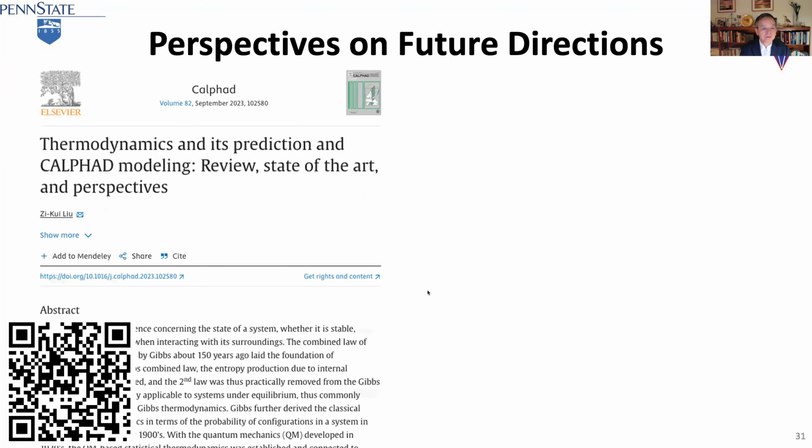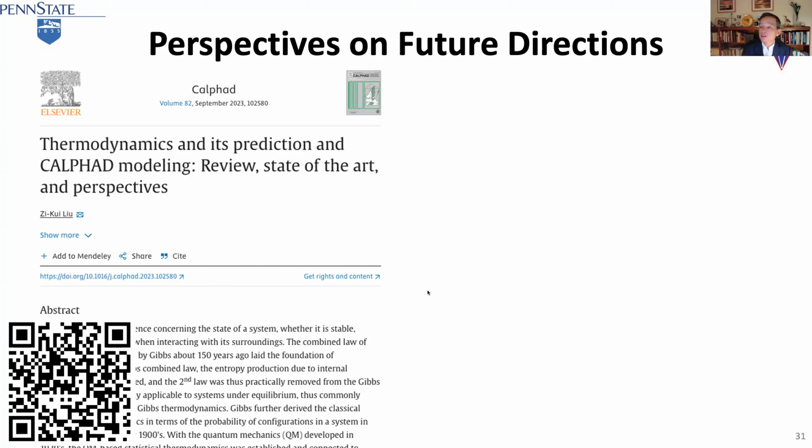What's next? Well, in a paper published this year, I reviewed the thermodynamics and discussed the state of the art and those perspectives. Basically, we can use the Zentropy theory to predict the free energy without experimental inputs.